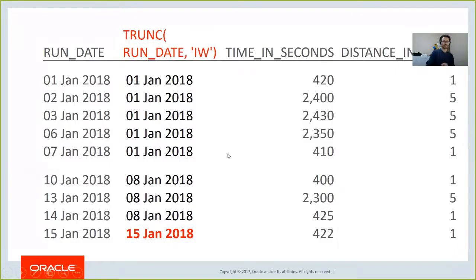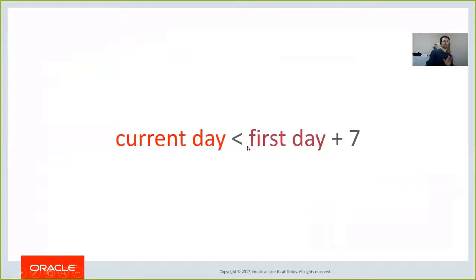So let's just remind ourselves what it is we're trying to do here. We're trying to find rows where the current day is less than the first day of the group plus 7. So if the current day is less than whatever the start date of the group is plus 7, we are within that 7-day batch. If it's not, then we're going to start a new batch.